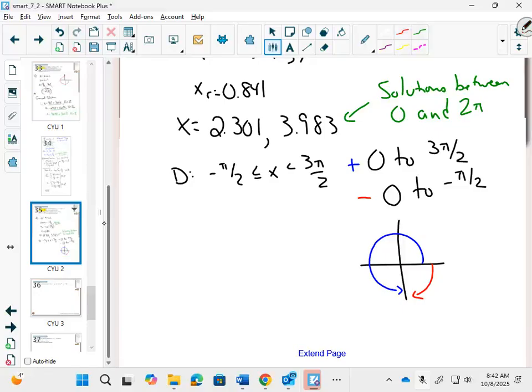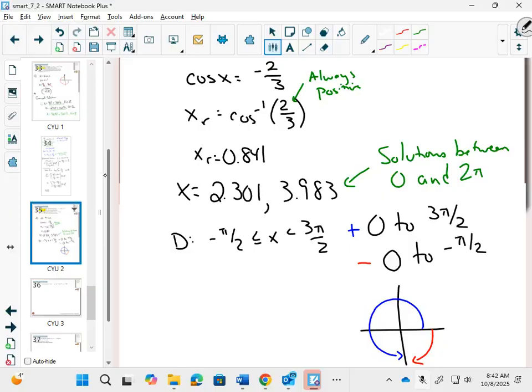In this question, what did I get for answers? I got an answer in quadrant 2, and this answer was in quadrant 3. Are those two answers correct, or do I have to change any of them? They're fine, right? Because quadrant 2 fits in my blue one. Quadrant 3 fits in my blue one. Even though I had part of my domain as negative angles in quadrant 4, cos was negative and doesn't ever happen in quadrant 4.